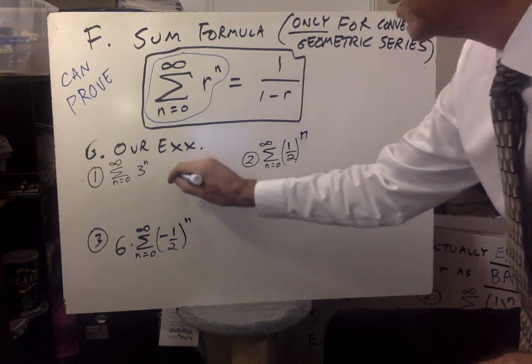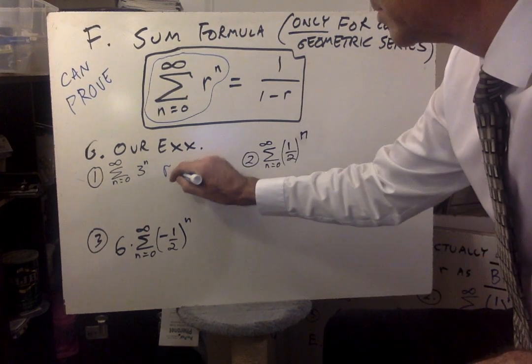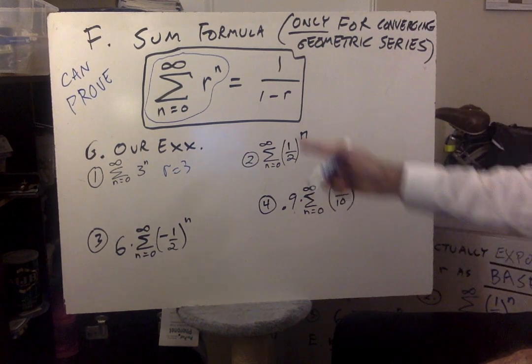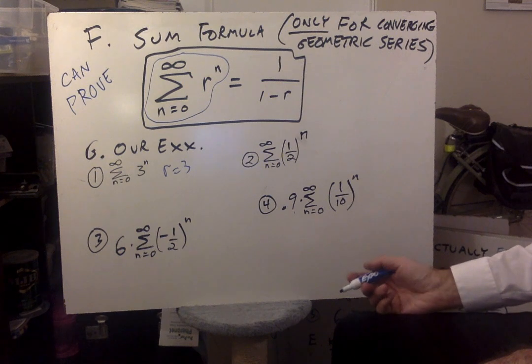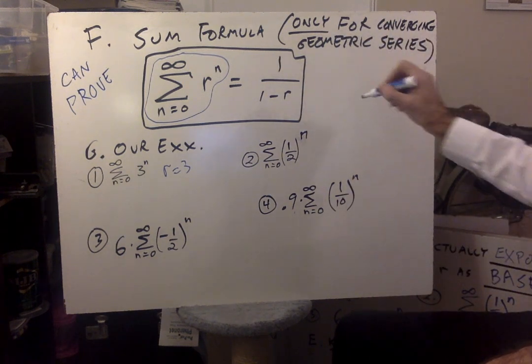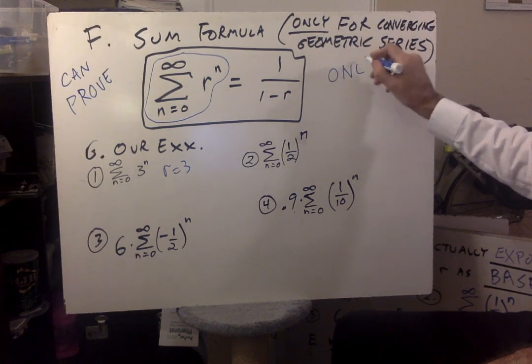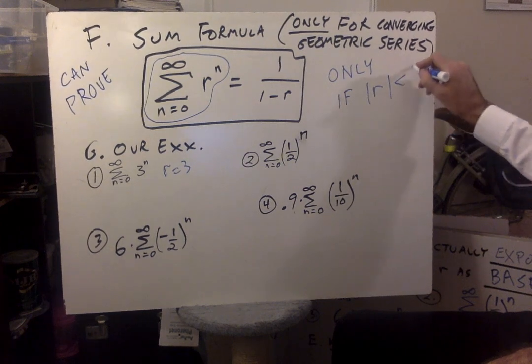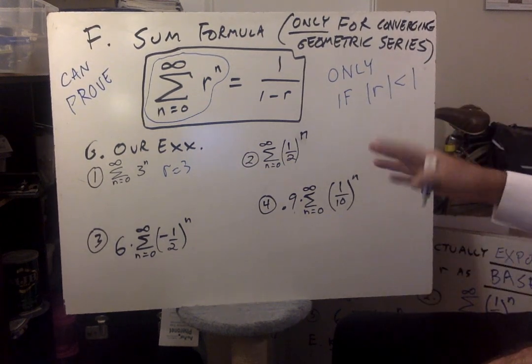Okay, for this first one, what would R be? R would be 3. Okay, and if you went to calculate the sum, you'd get a ridiculous answer. You get something negative. Why is that? That's because this only works for converging geometric series. So only if our absolute value is less than 1. Otherwise, it gives you nonsense.